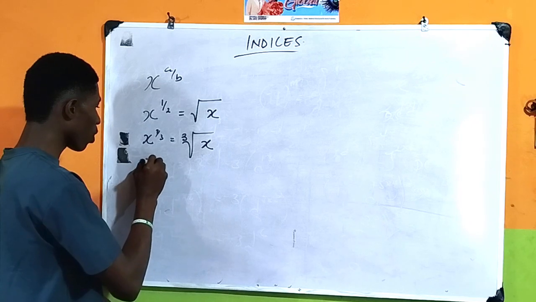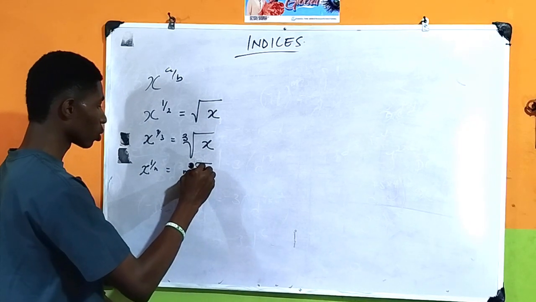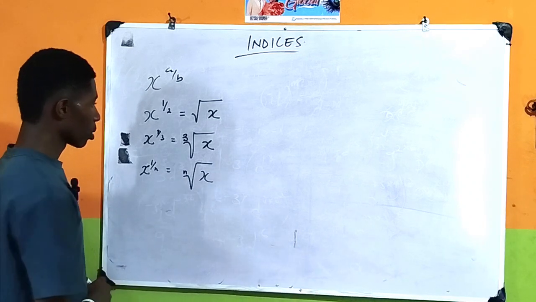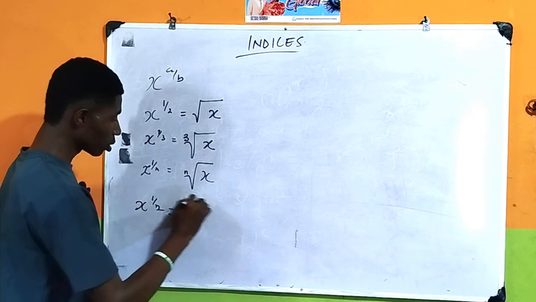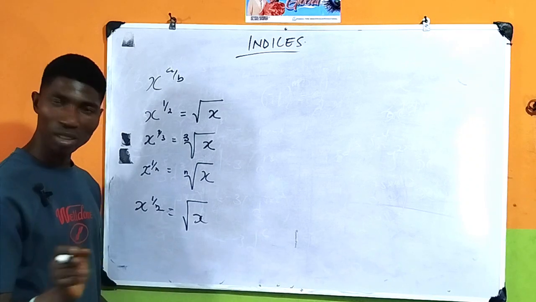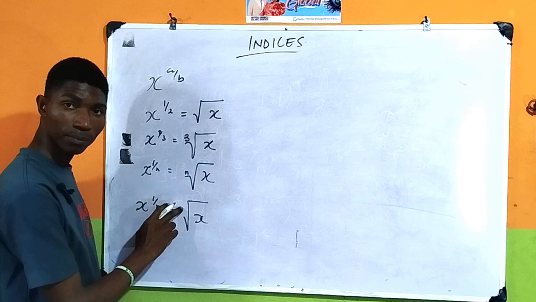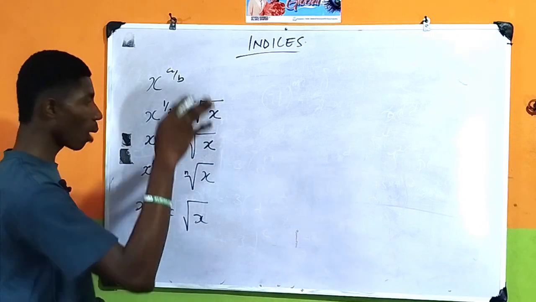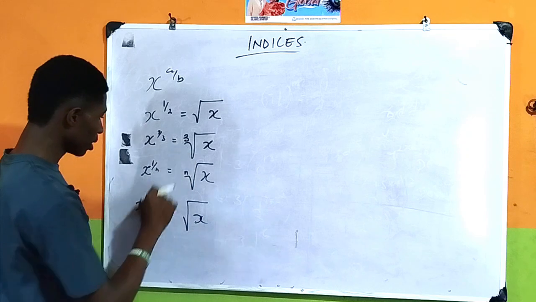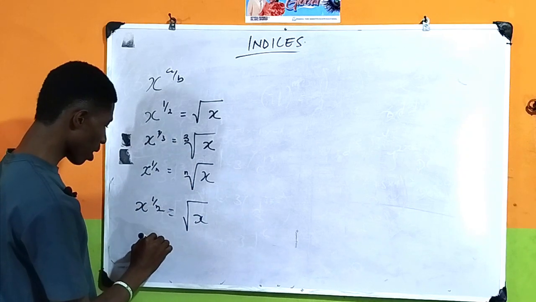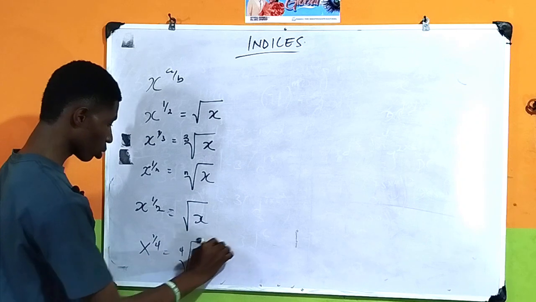So x power 1 over n is equal to the nth root of x. But recall that x power 1 over 2 is equal to just the square root of x. We don't include the 2 here. But for 3 up to infinity, we'll keep including the n value. For instance, x power 1 over 4 is the 4th root of x.